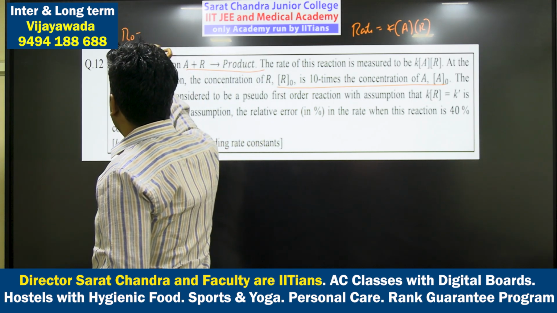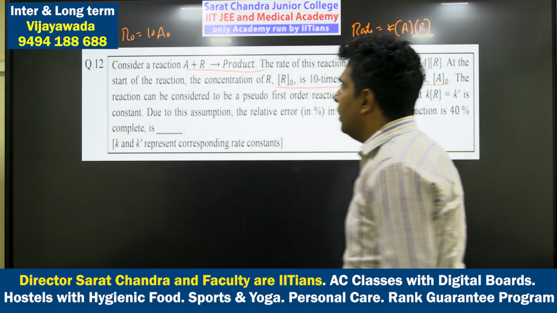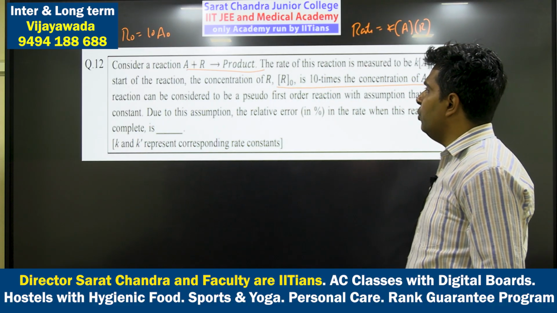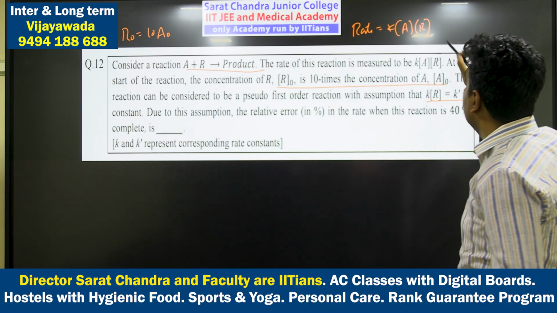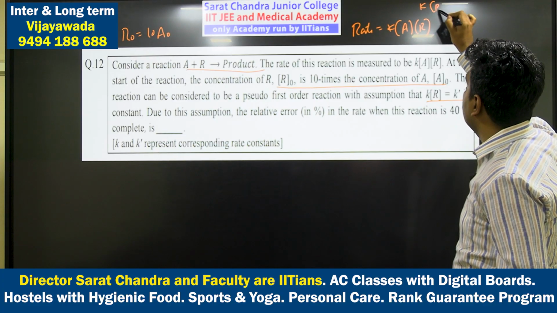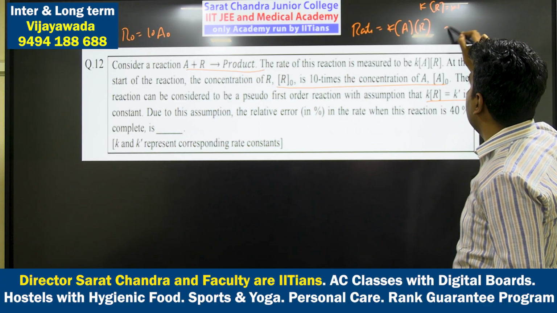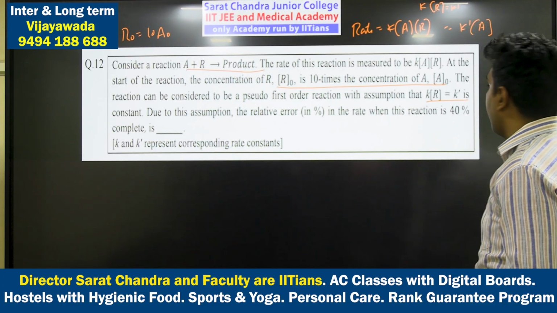So R naught is 10 times A naught. The reaction can be considered to be pseudo first order reaction with assumption that K R is equal to K dash. So K into concentration of R is equal to K dash. So it can be assumed to be pseudo first order with respect to A.